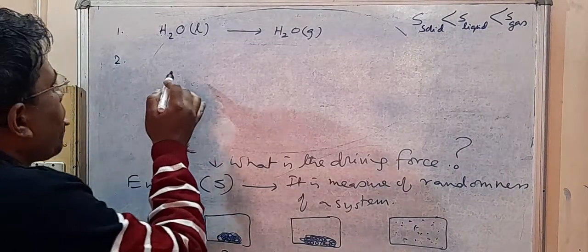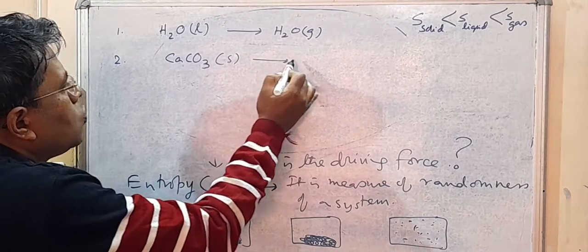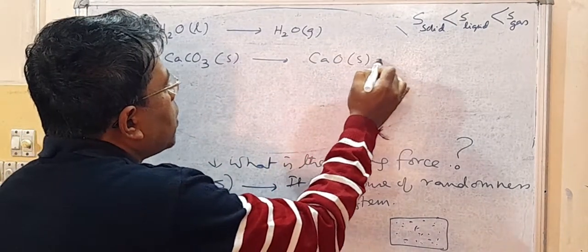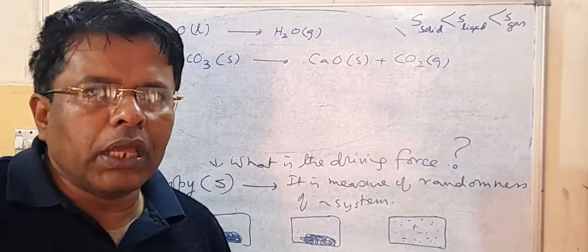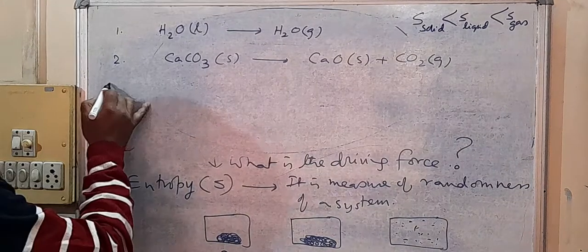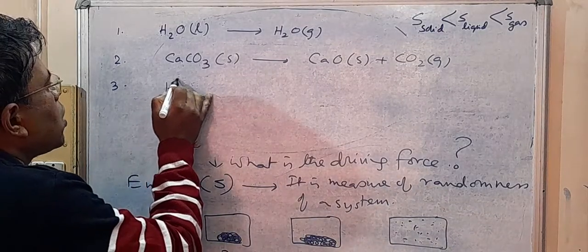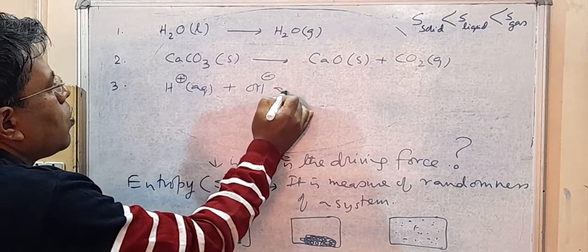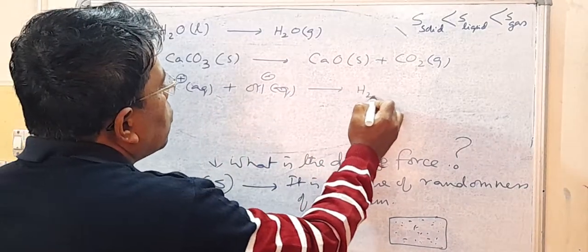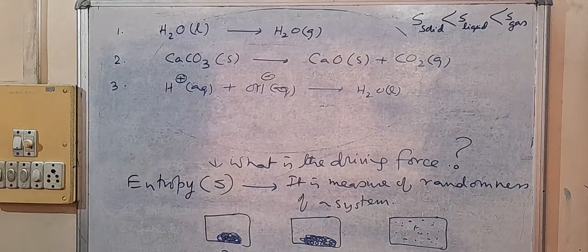Say another process, calcium carbonate solid to calcium oxide solid plus CO2 gas. What will be the entropy change? Finally, say this process, H plus aqueous plus OH minus aqueous, forming H2O liquid. What is the entropy change for this?